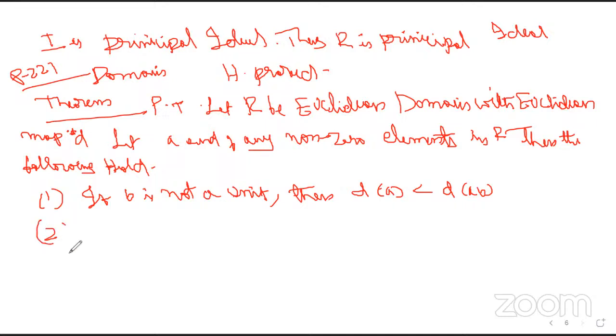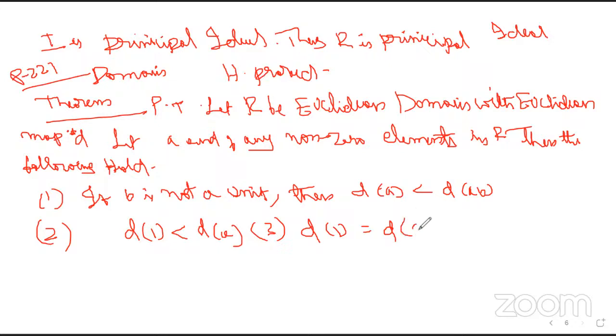Second, D of 1 is less than or equal to D of A. Third, D of 1 equal to D of A if and only if A is a unit in R.